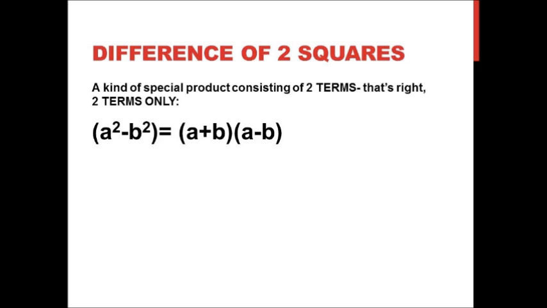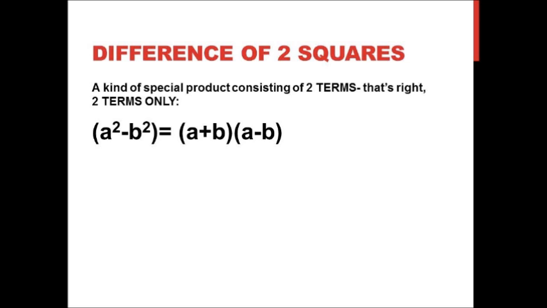Well, I'll tell you. The difference of two squares is a special product where the polynomial just consists of a squared minus b squared. Now, if you're wondering about the factors, it's really simple too. It will be the quantity a plus b times the quantity a minus b.